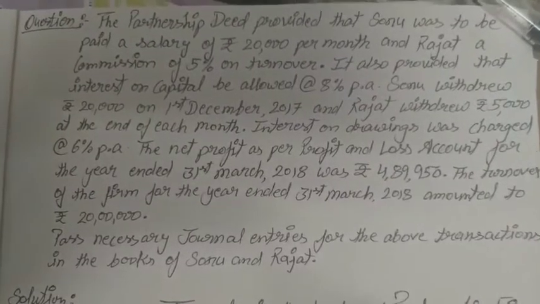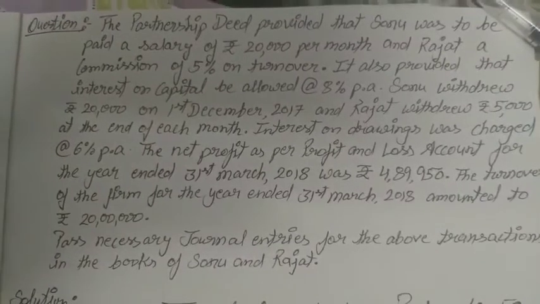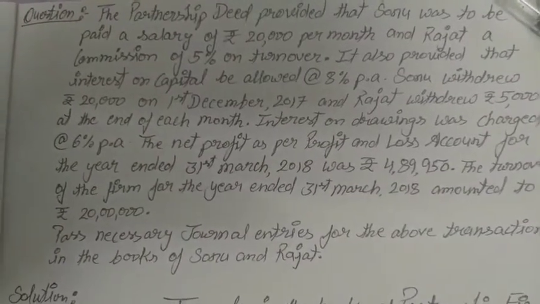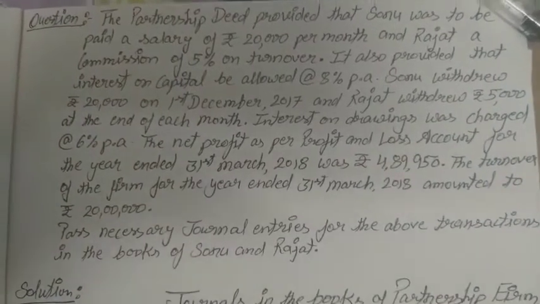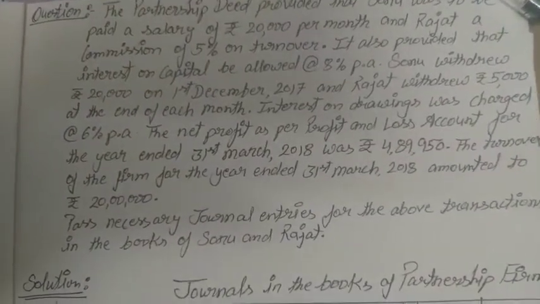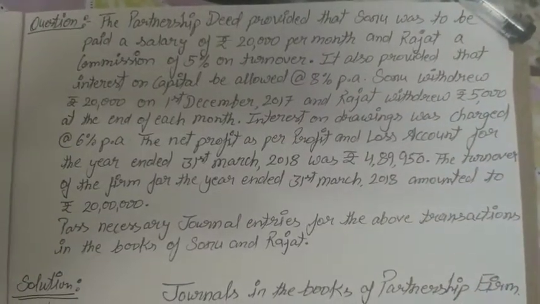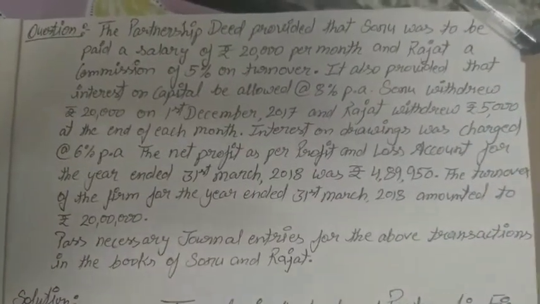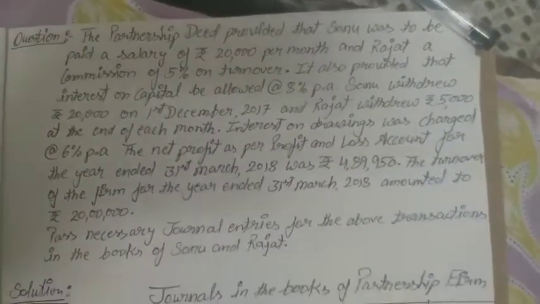This is the first problem in which we pass journal entries with the help of the profit and loss appropriation account. Simultaneously I will show you the format when I am passing the journal entry related to each and every transaction. So let's see the question.